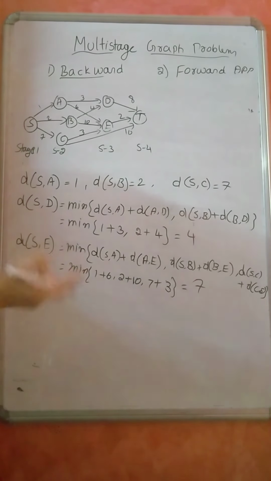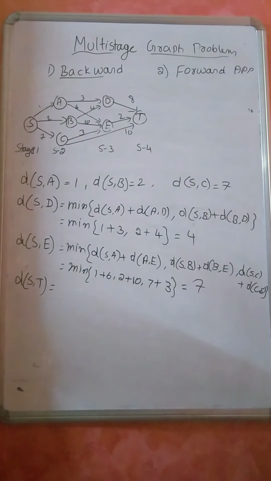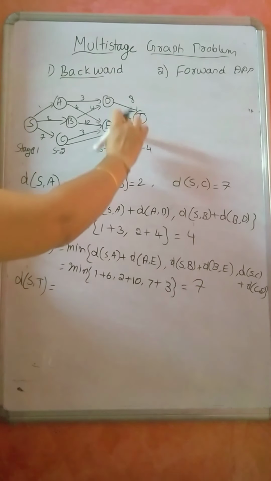Distance from S to T. How many incoming edges are there here? 3 incoming edges.